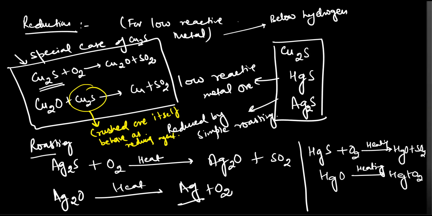Sir, why can't we heat Cu2O alone? If you bring Cu2O from the market and heat it alone, it will not give you Cu plus O2, because it is more reactive. It needs some reducing agent.